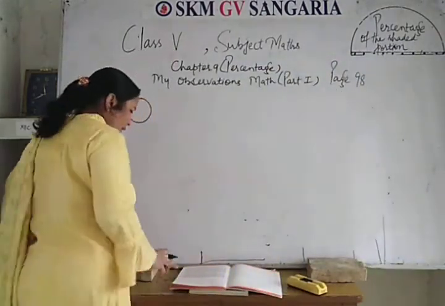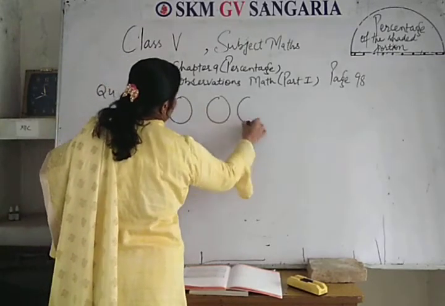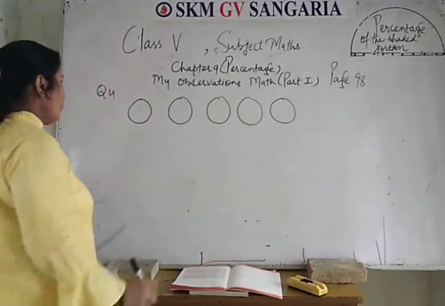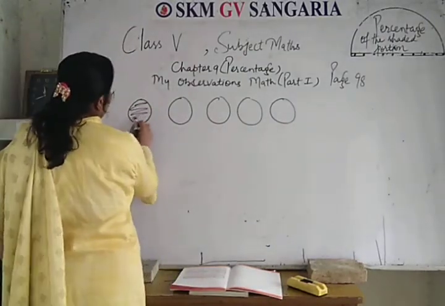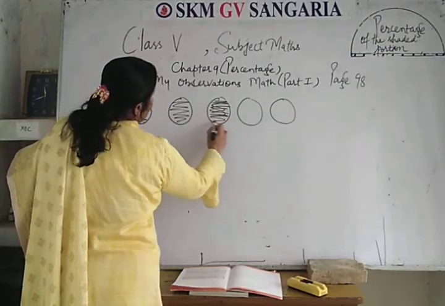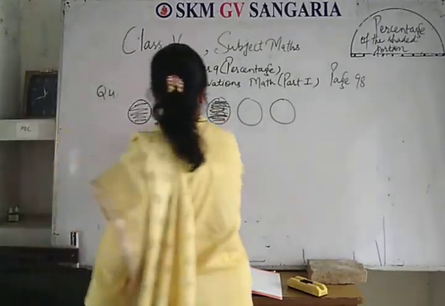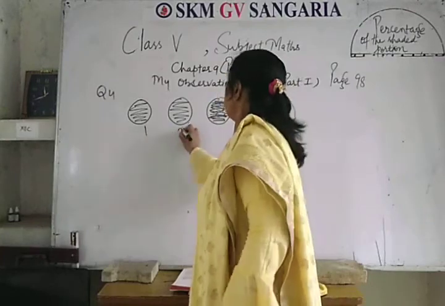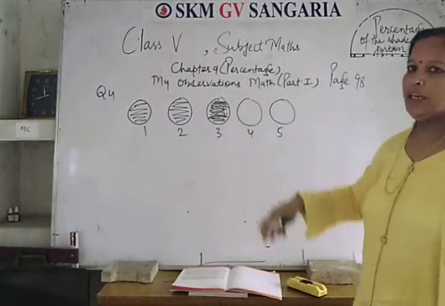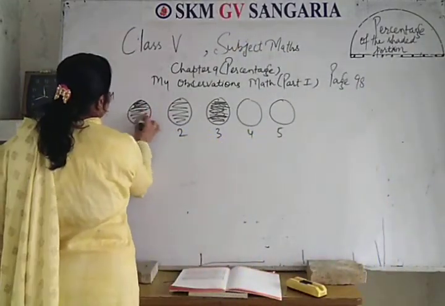So here you are given 5 circles. How many circles are there? 5 circles are there. And out of 5, how many are shaded? 3. Total circles are 5 and shaded circles are 3.